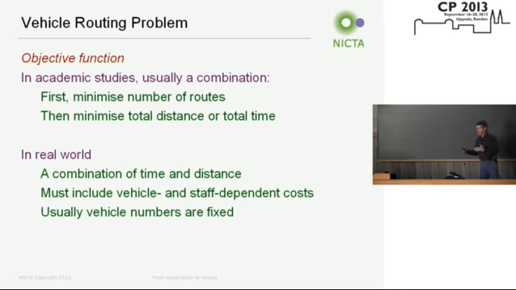I work in the real world, and so I'm more interested in what happens in practice. And pretty much every single time a company has come to me to solve this problem, they said, here is our fleet of vehicles. You actually don't have a great deal of flexibility in how much I can move that around. So actually, the thing that they want to minimize is a combination of time and distance.